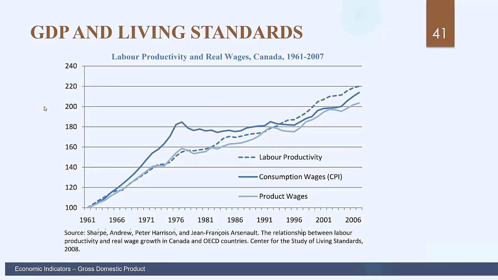Here is data for Canada, and we also see a very similar pattern, although there are some differences. But the overall pattern of a high correlation between measures of productivity and real wages remains. This data here is from 1961 to 2007.